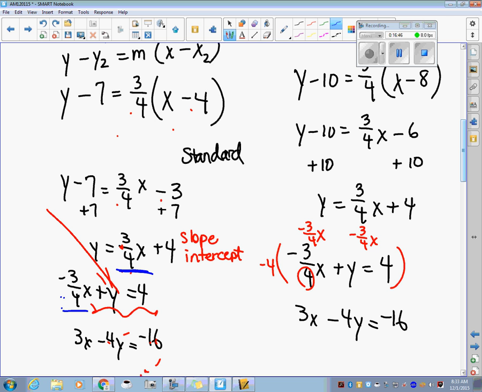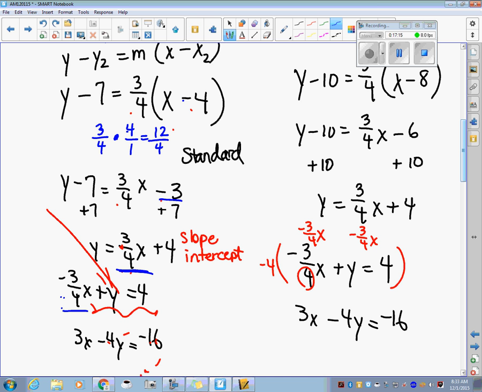For the x, right here, this 3. I distributed 3/4. So it's 3/4 times 4 over 1. So 3 times 4 is 12. And 4 times 1 is 4. And 12 divided by 4 gives me the 3, and it's negative. Okay, so I just multiplied the fractions.